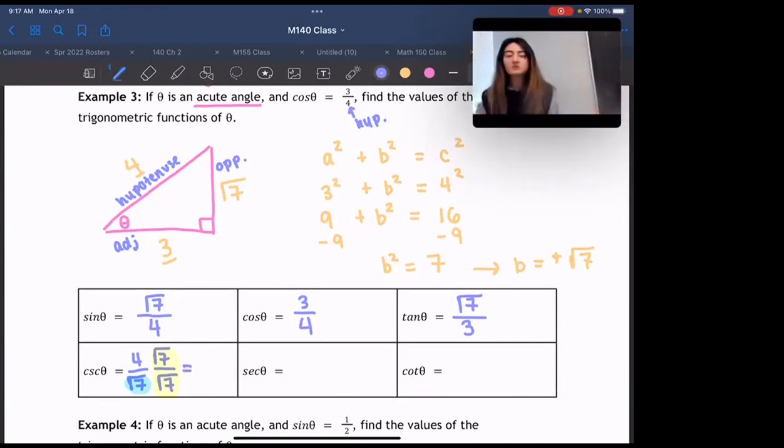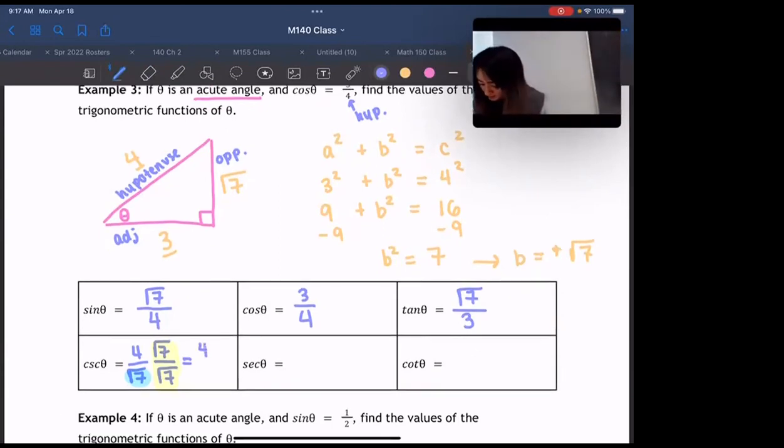Okay, and we can multiply across the top and across the bottom. So 4 square root of 7 stays the same. What does the bottom become? Not 1, but I think you see that things cancel.